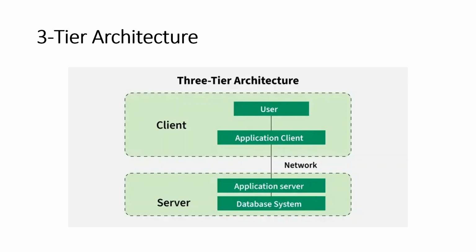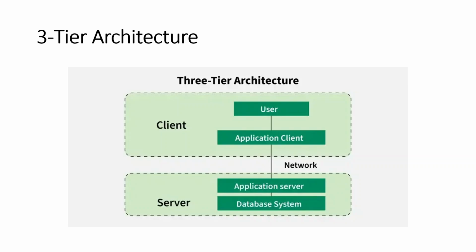And then the query processing and transaction management takes place. This intermediate layer acts as a medium for the exchange of partially processed data between the server and the client. This type of architecture is used in the case of large web applications.